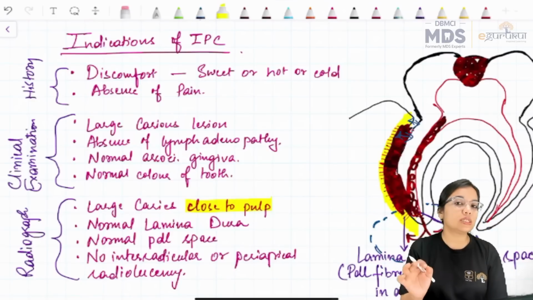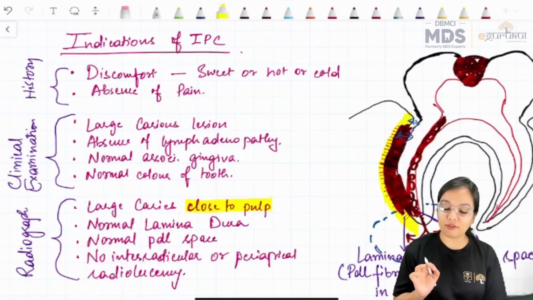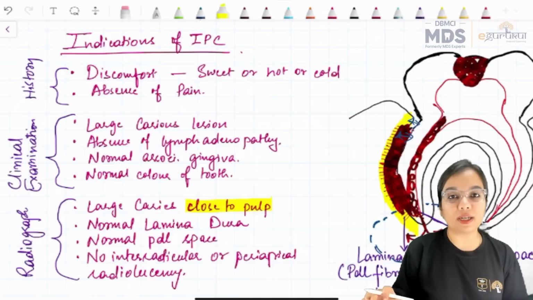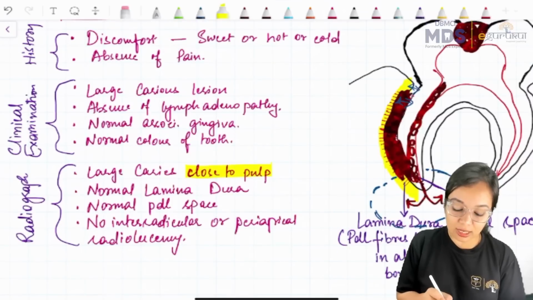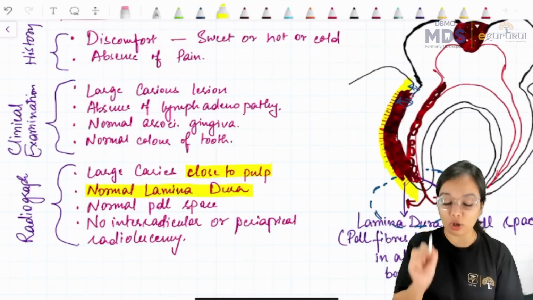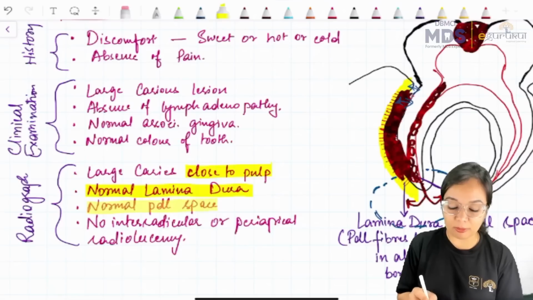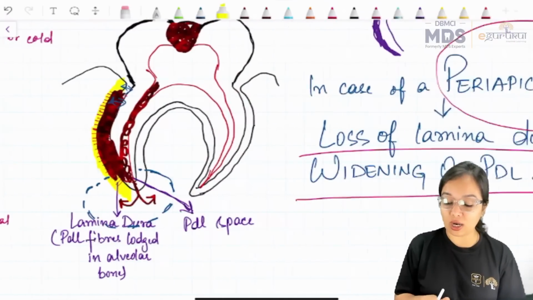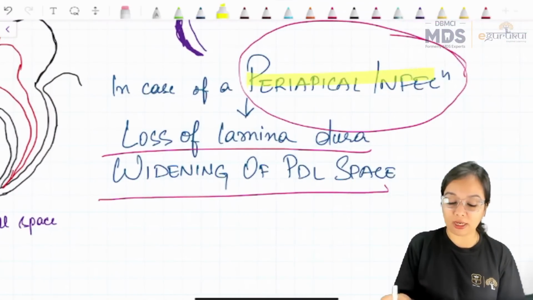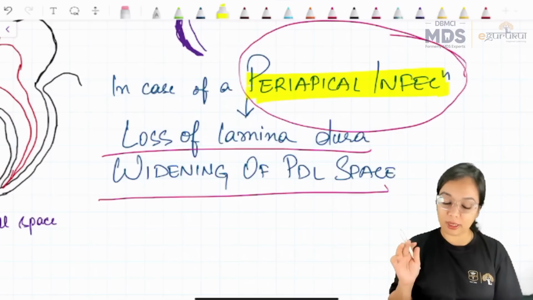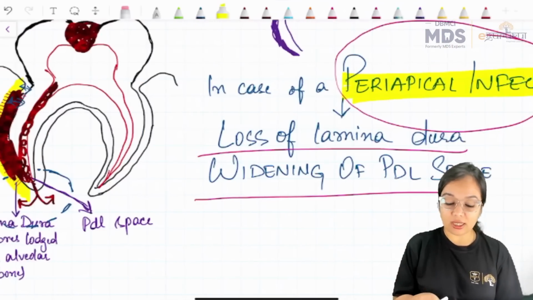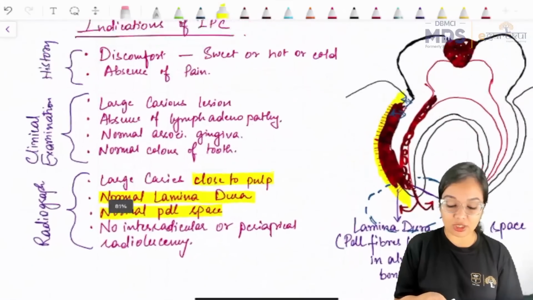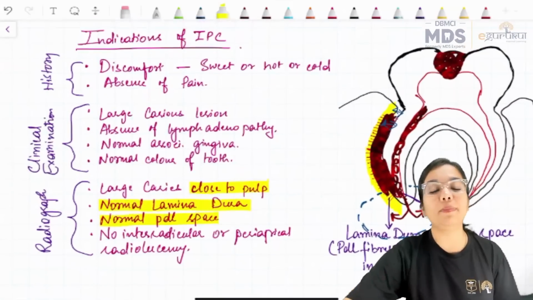They have not reached the pulp, so there is no pulpal infection, and if there is no pulpal infection, there is no periapical infection, and hence the lamina dura appears normal in a radiograph and the PDL fibers appear normal in the radiograph. This scenario occurs in case of a periapical infection. I hope I am very clear here. So these are basically the indications of indirect pulp capping.